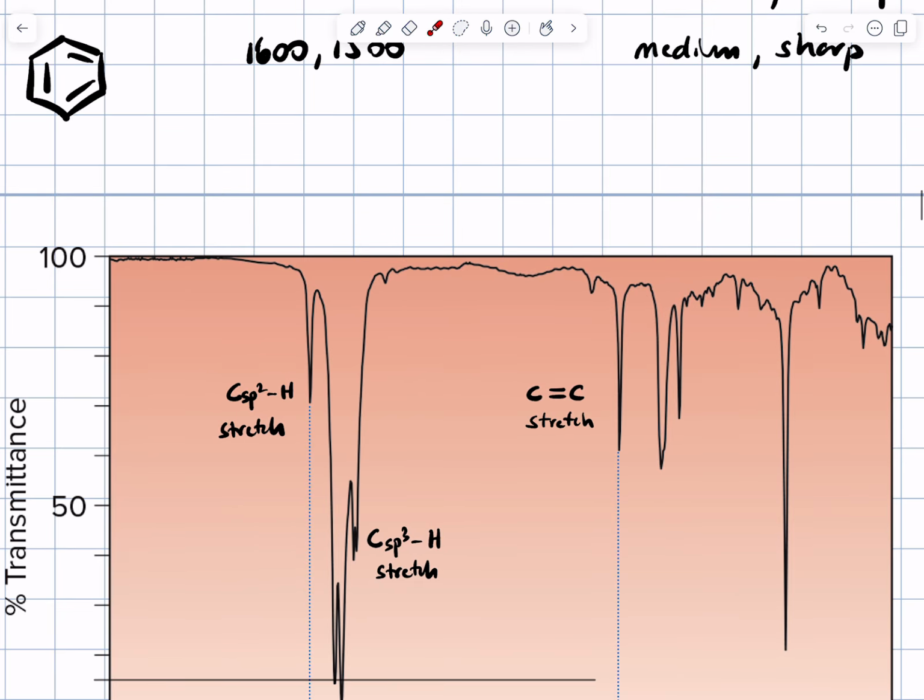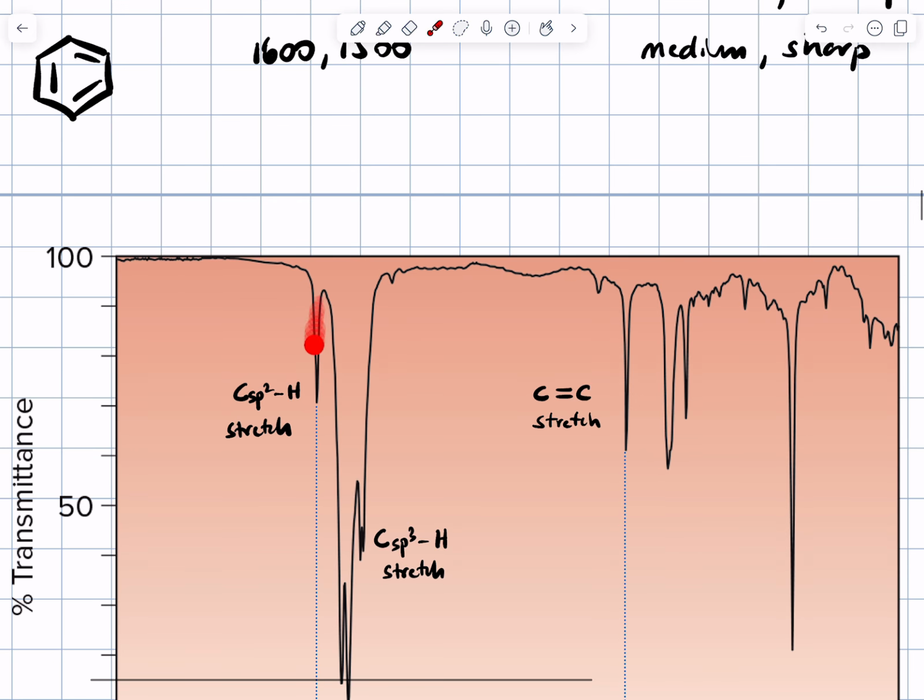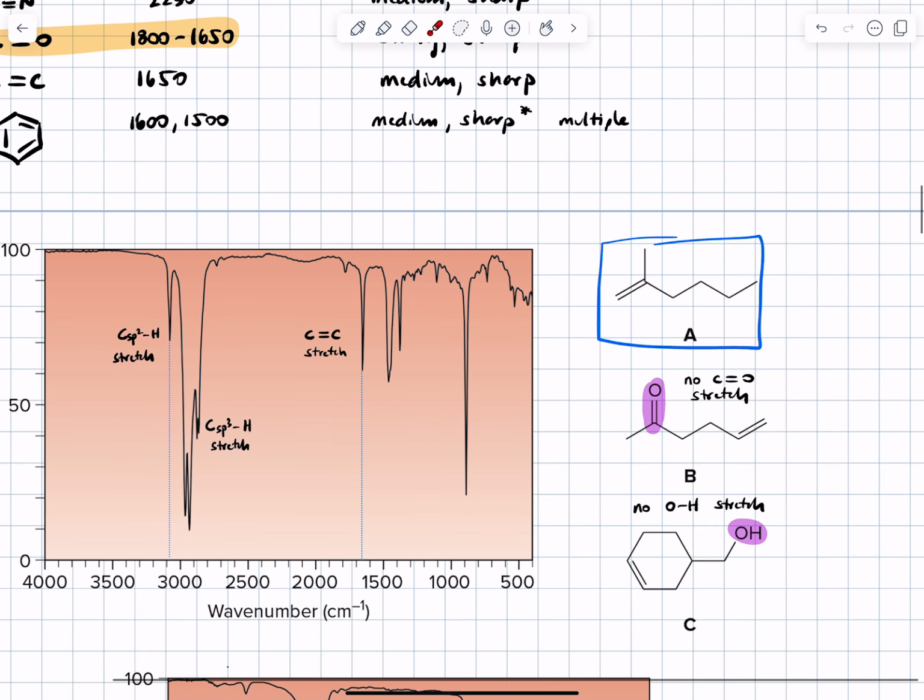It shows up at a higher wave number. Why? Because sp2 hybridized carbon-hydrogen bonds are stronger than sp3 hybridized bonds. They have a stiffer force constant. So that is consistent with a carbon-hydrogen sp2 hybridized vinyl proton. Now, it turns out all of these have vinyl protons, so that doesn't help.